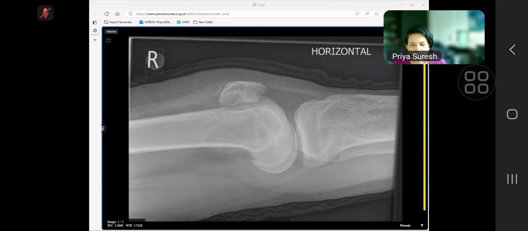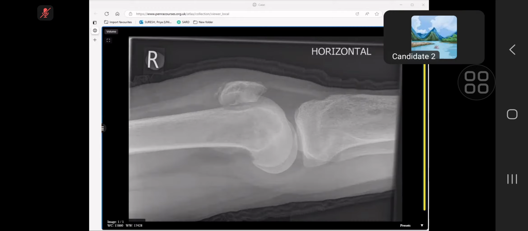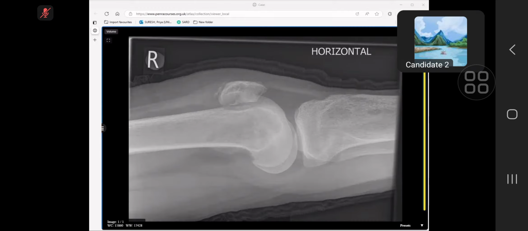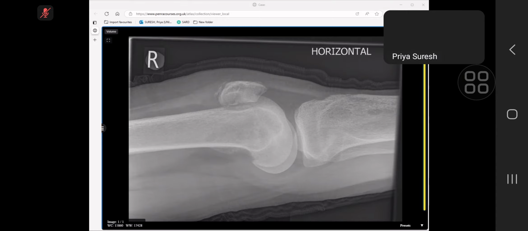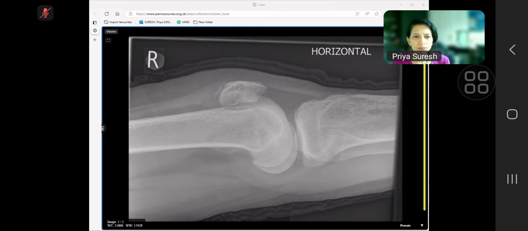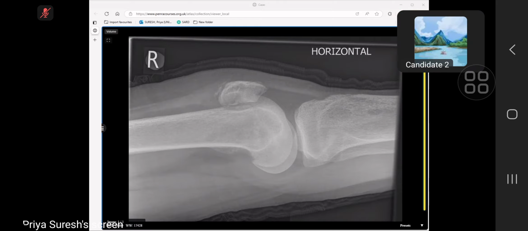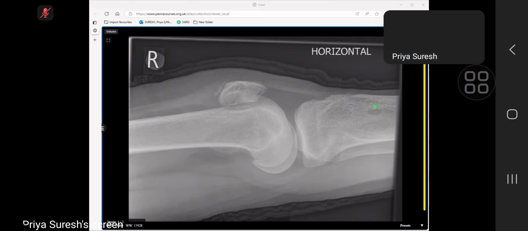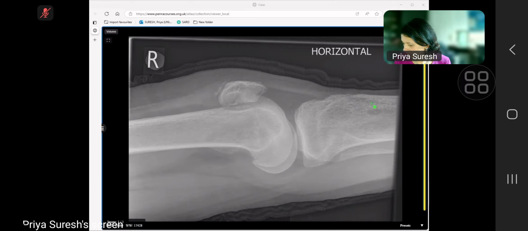I would like to check the record if the patient is a known case of any TB, it could be any hemophilic pseudotumor. The patella is quite closely abutting the femur, and there are patellofemoral joint space degenerative changes as well. So it can be due to renal failure, CPPD, hemophilia.